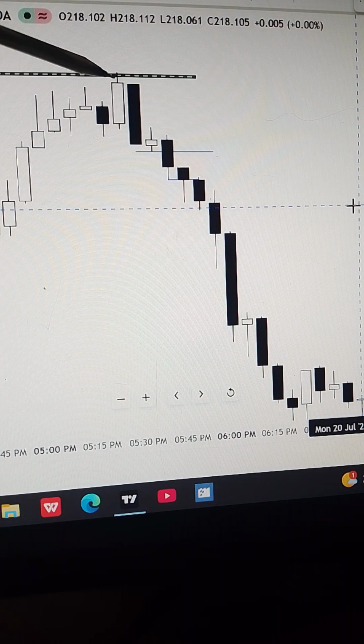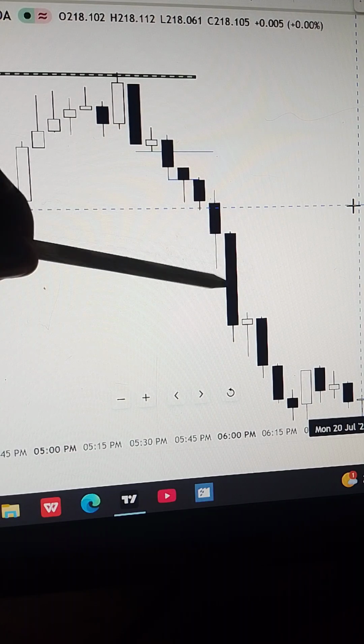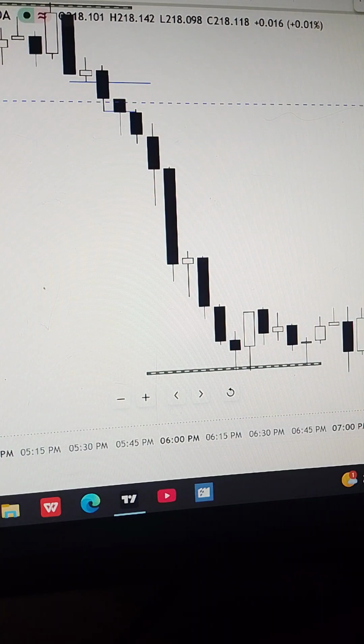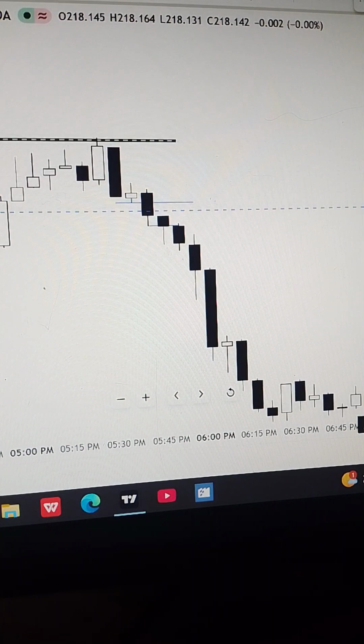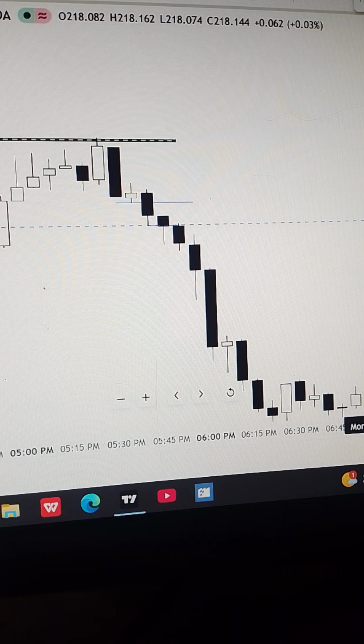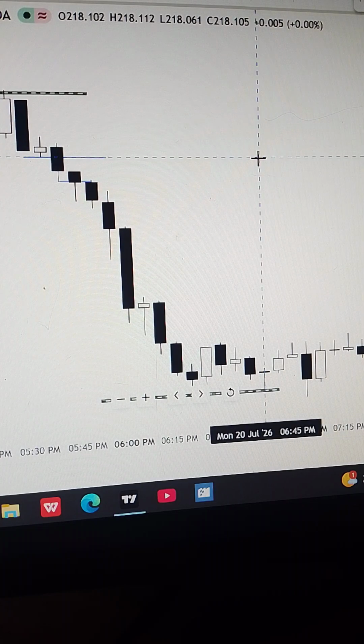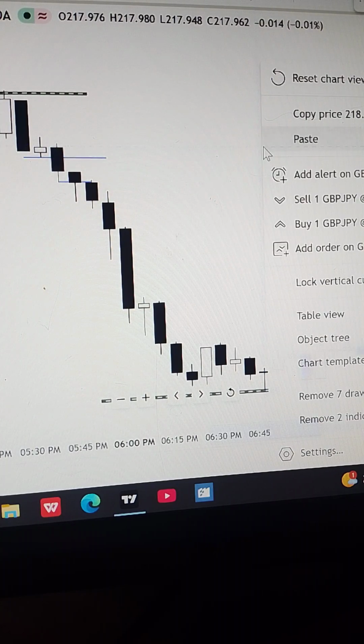We have 1, 2, 3, 4, 5, 6, 7, 8, 9 candlesticks. Imagine adding more positions on 9 candlesticks. That's a clear full margin.